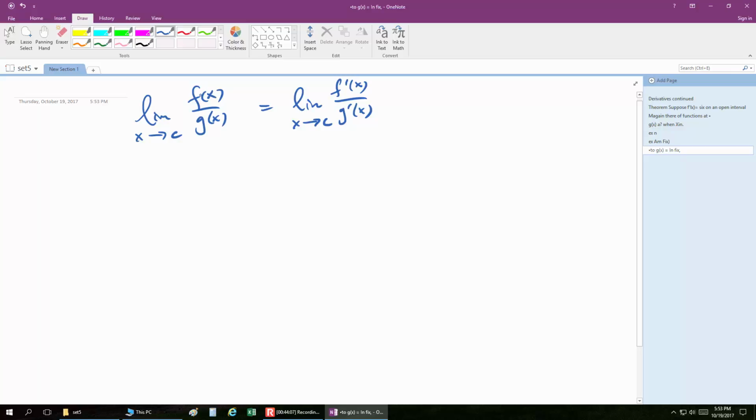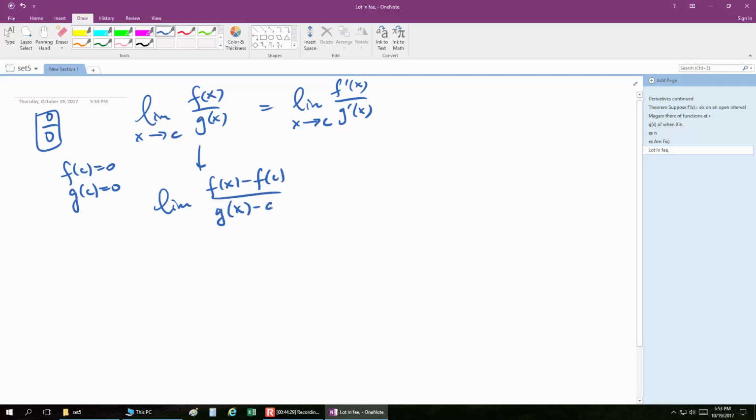It appears to be kind of a strange thing to imagine, but actually it is believable if you just tweak the formula a little bit. First of all, we know that f of c is 0 and g of c is equal to 0. So that's the indeterminate expression 0 over 0 specifically. With that I could rewrite the first expression as f of x minus f of c divided by g of x minus g of c. It's the same anyway, right?